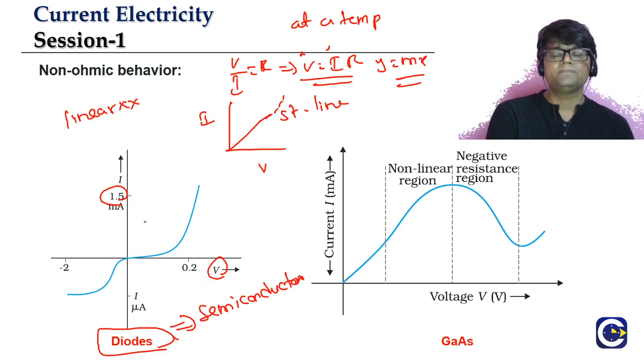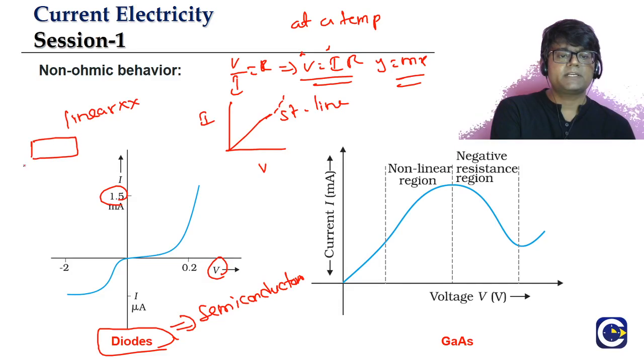That's one point. The other difference is, if you look at normal metallic objects, say you have a metal object. Whether we apply a potential difference with this side positive and this side negative, current is going to flow like this. The other thing is, I can apply positive potential here and negative potential here.